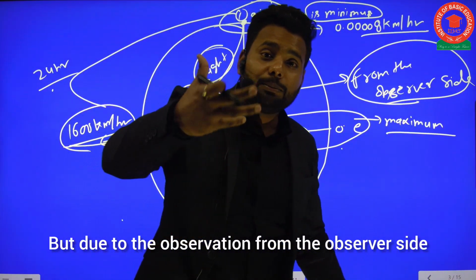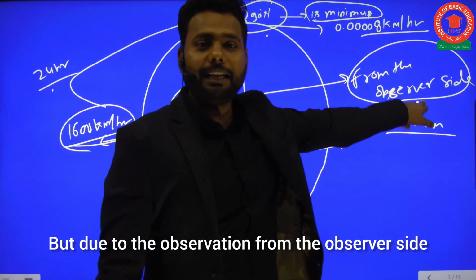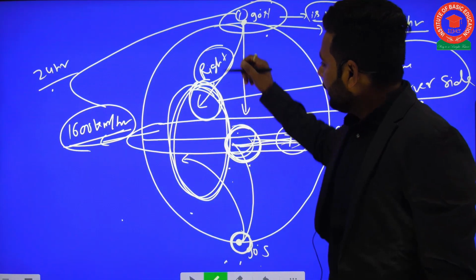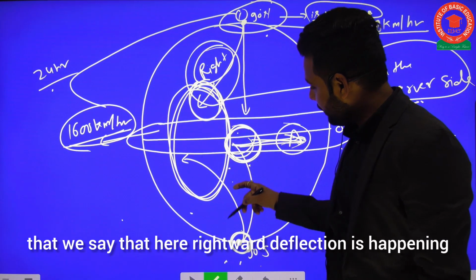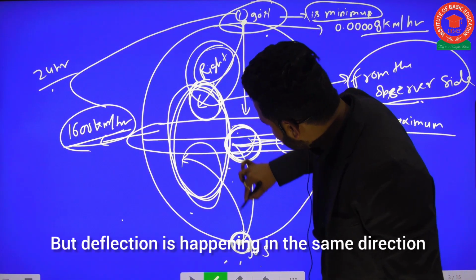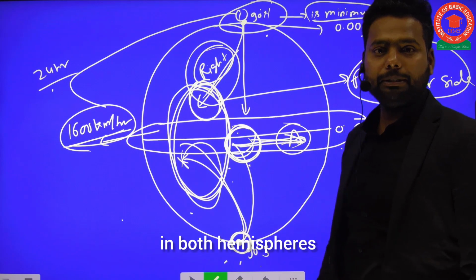But due to the observation from the observer side, this can happen कि हम ये कहते हैं कि इधर rightward deflection हो रहा है और इधर leftward, पर deflection तो same direction में हो रहा है in both hemispheres.